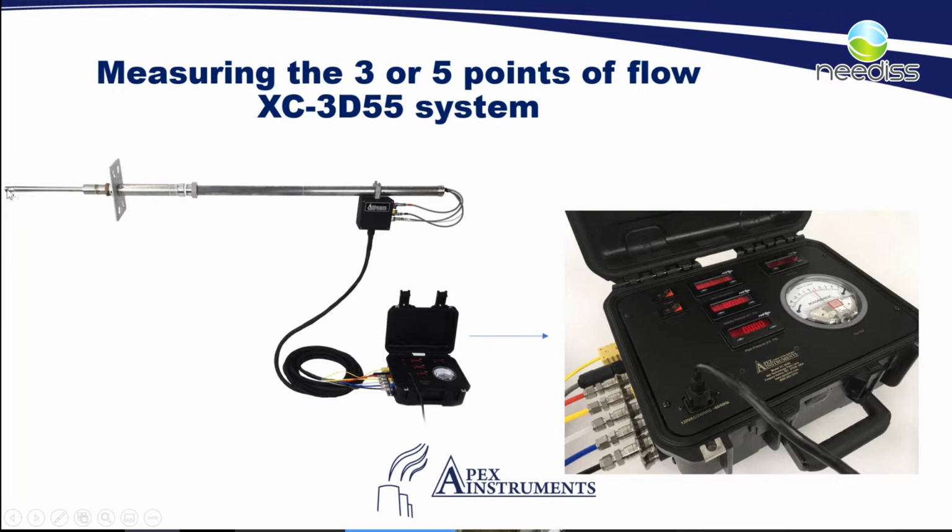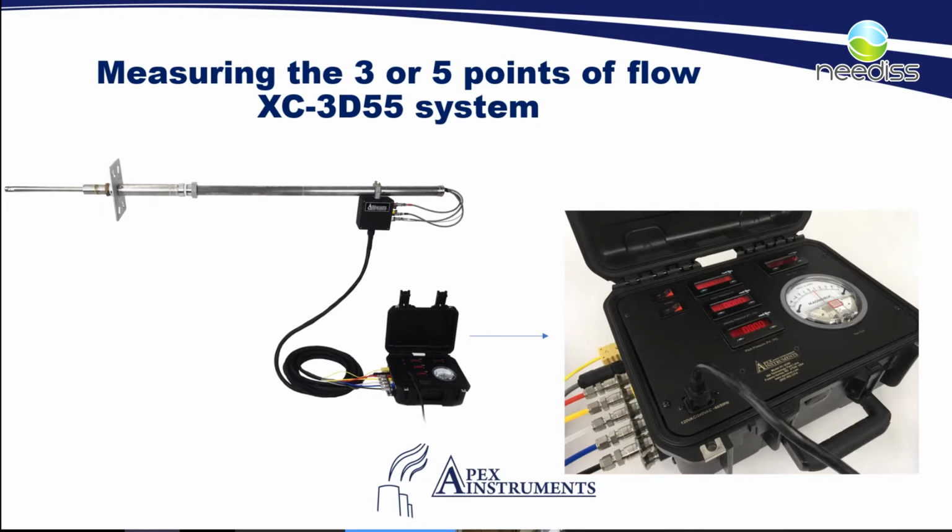We would have here what is considered our probe extension. So we can make this longer and shorter as we go across and back and forth across the stack, hitting our traverse points and measuring each point that we need to measure, just like we do in a regular method 1 determination of our sample points for our isokinetic sampling.